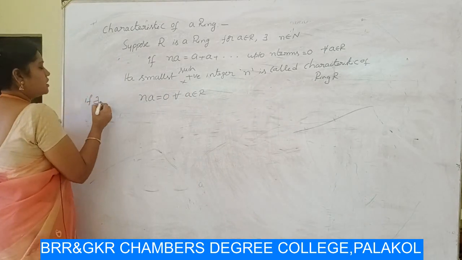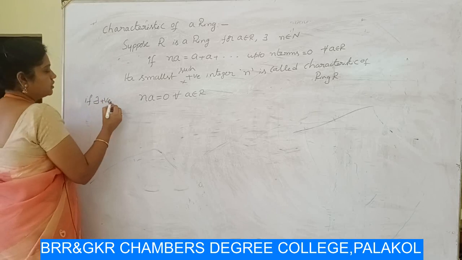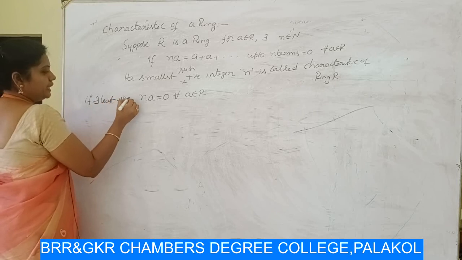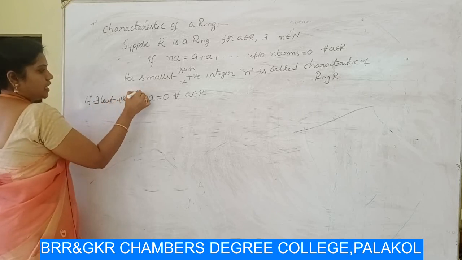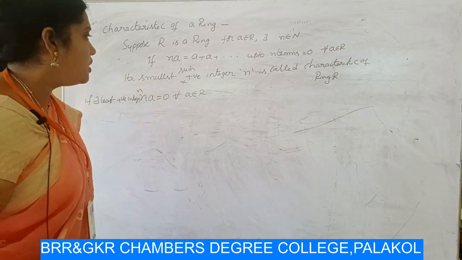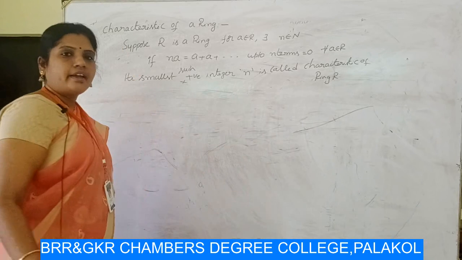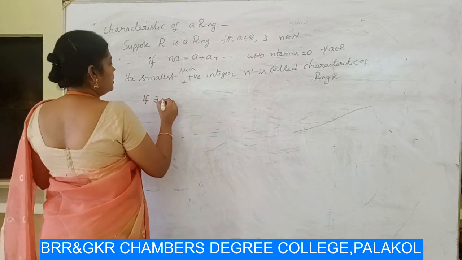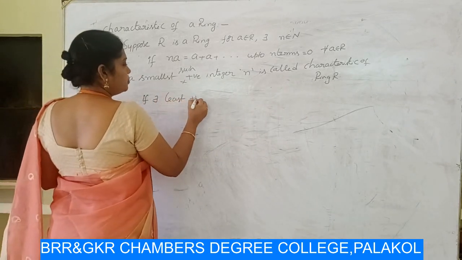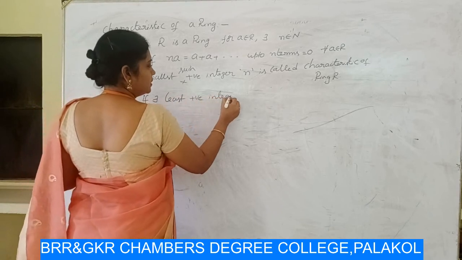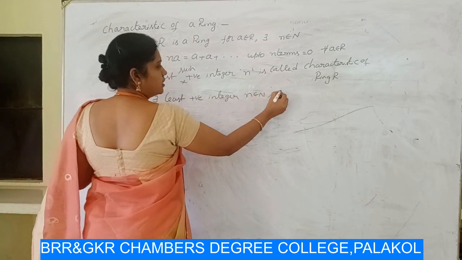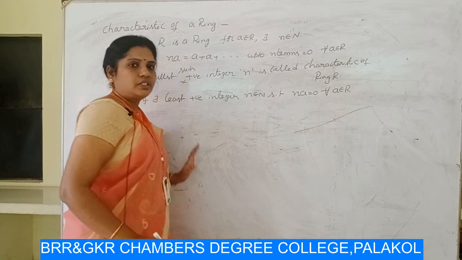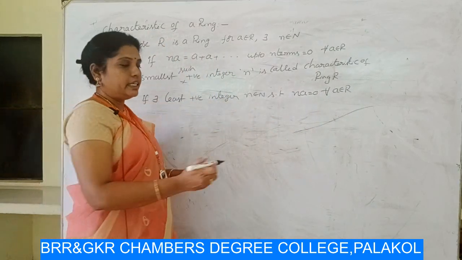If there exists a least positive integer n such that na is equal to 0, then n is called the characteristic of a ring. If there exists a least positive integer n such that na is equal to 0 for all a belongs to R, then we say that the characteristic of a ring R is n.